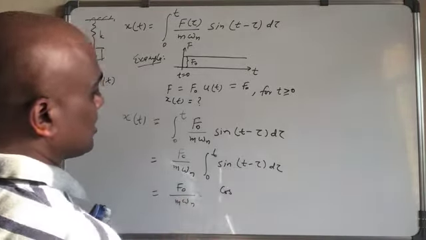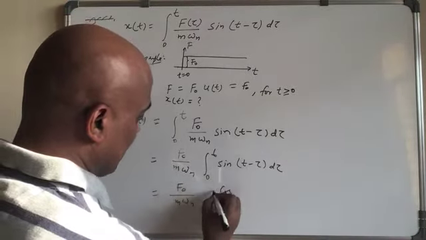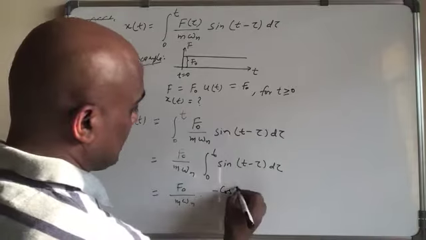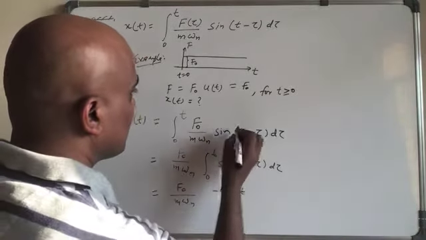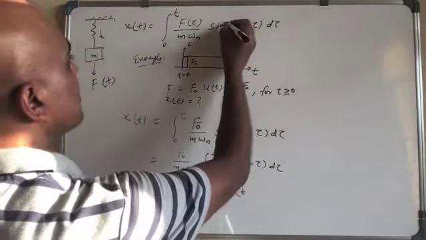This will be cos, and then this will be minus cos, of course, and then t, this will be omega n here.